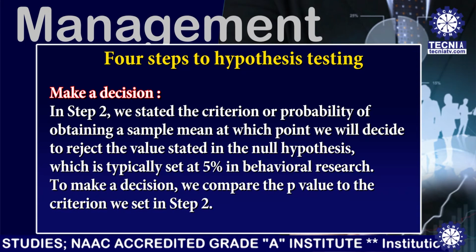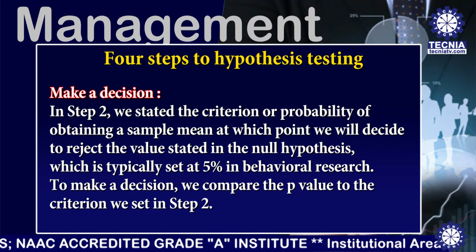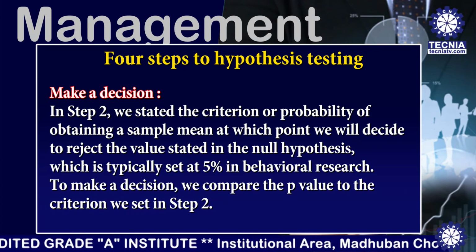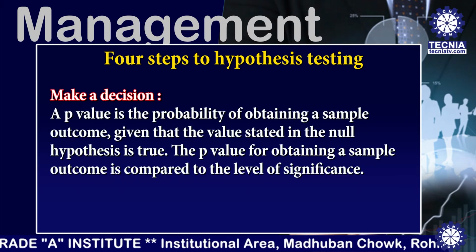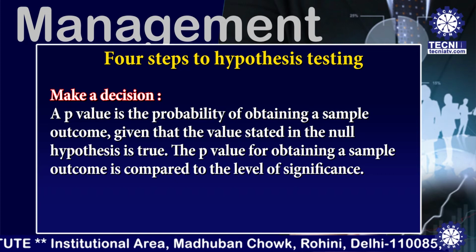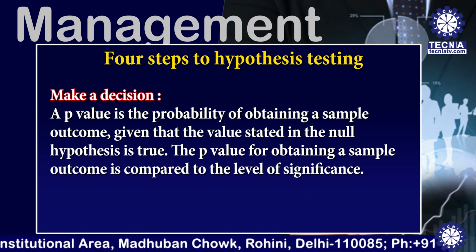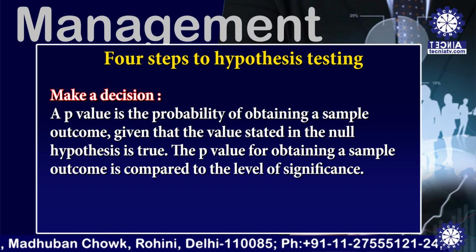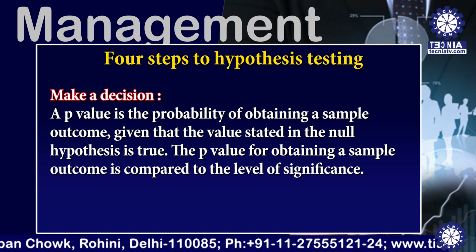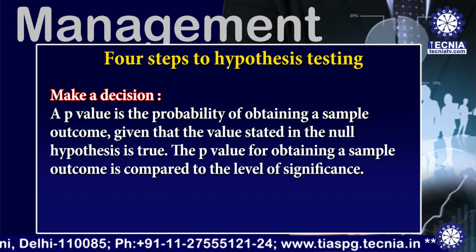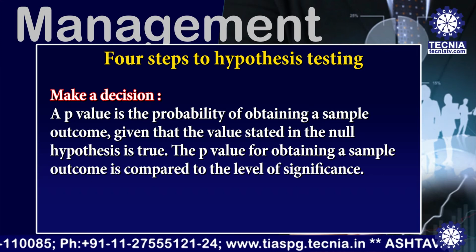To make a decision, we compare the p-value to the criteria we set in step 2. A p-value is the probability of obtaining a sample outcome given that the value stated in the null hypothesis is true. The p-value for obtaining a sample outcome is compared to the level of significance.